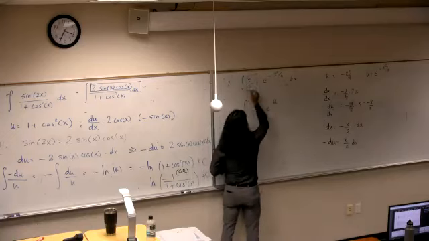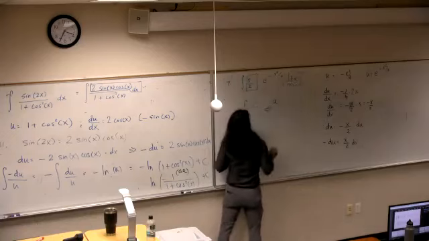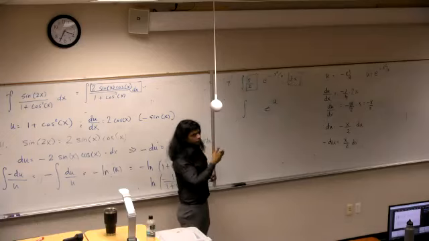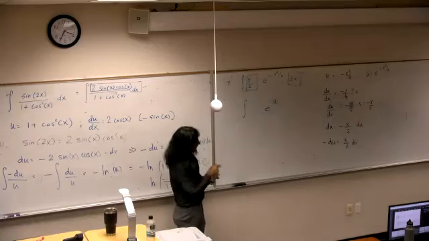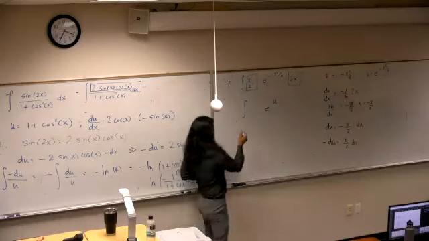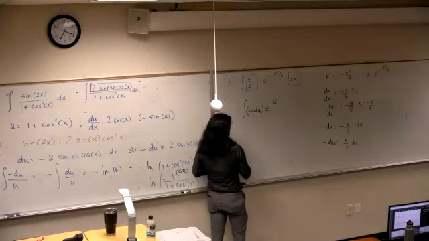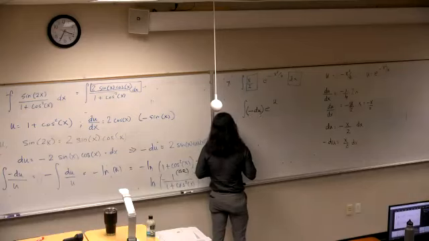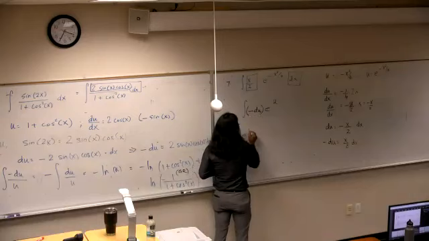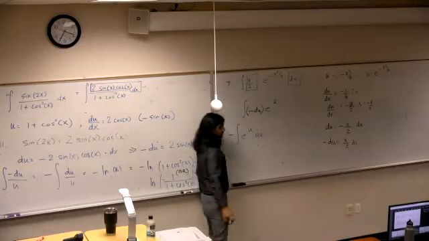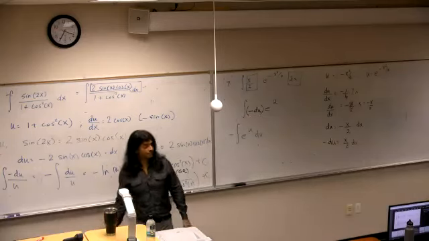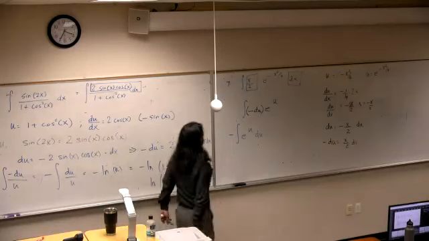Whatever is left behind, x over 2 dx, is simply negative du. Take the negative outside of the integral. What is the integral of e raised to u? e raised to u.